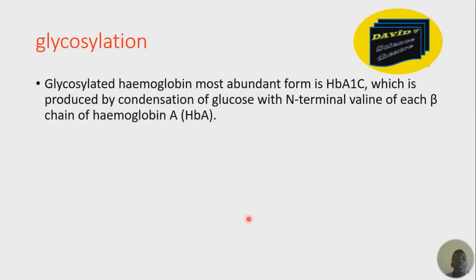So glycosylation. Of the glycosylated hemoglobins, the most abundant form is hemoglobin A1C. The 1C should be a subscript. It is produced by condensation of glucose with the N-terminal valine of each beta chain of hemoglobin A. In adults, hemoglobin has 2 beta chains per molecule, so each beta chain's N-terminal valine will condense with a glucose molecule.